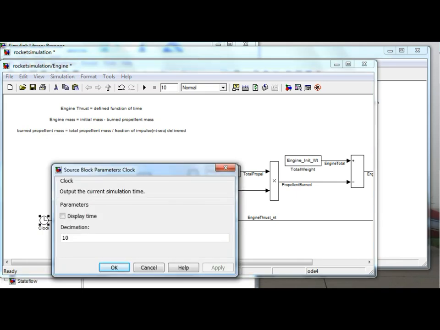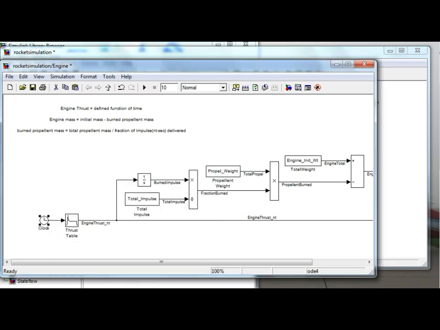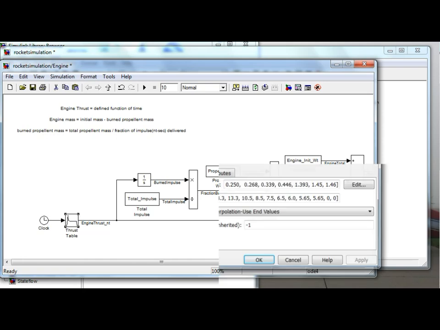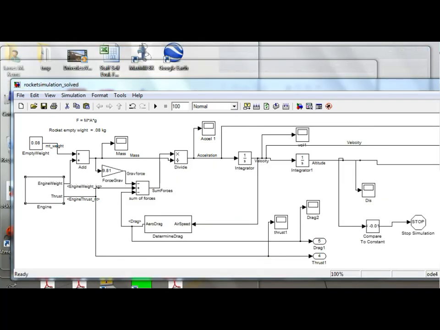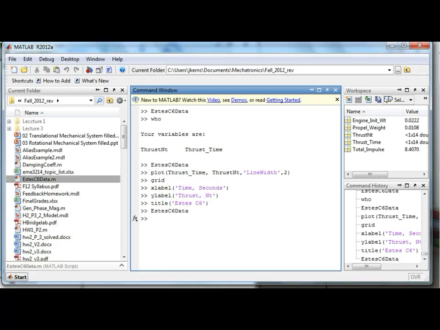The Clock block just outputs the current simulation time. So starting at time 0 is when we get the time input into this table. Rather than the numeric values, what I should have done, and I thought I did clean this up, is say thrust time, which is one of my workspace variables.